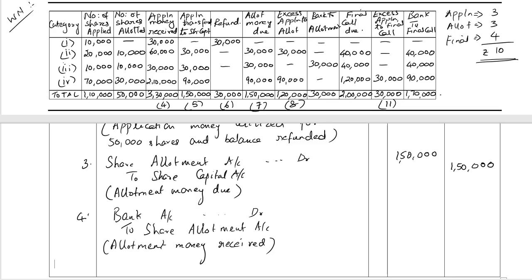The amount is the amount of the bank to allotment column, the 9th column. It's 30,000 rupees.